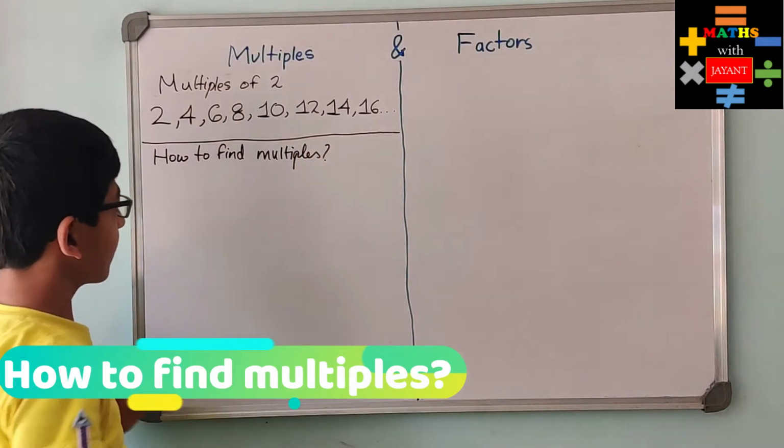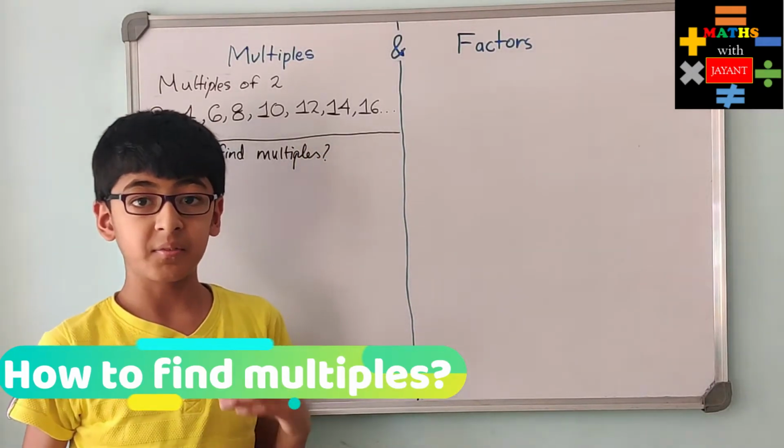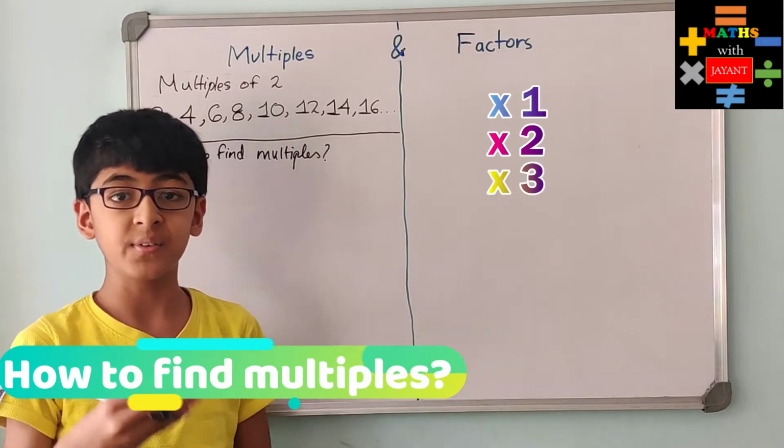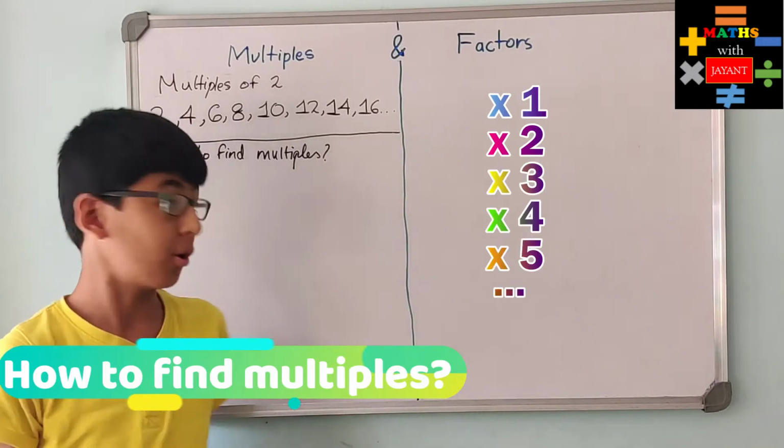What you have to do is multiply with 1, with 2, with 3, with 4, with 5 and so on.